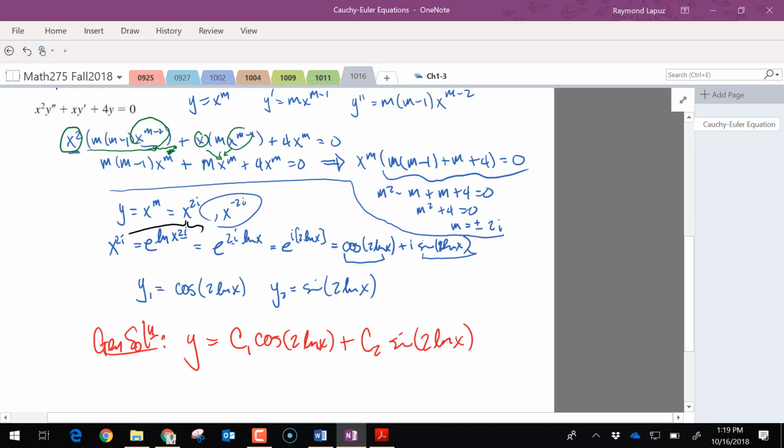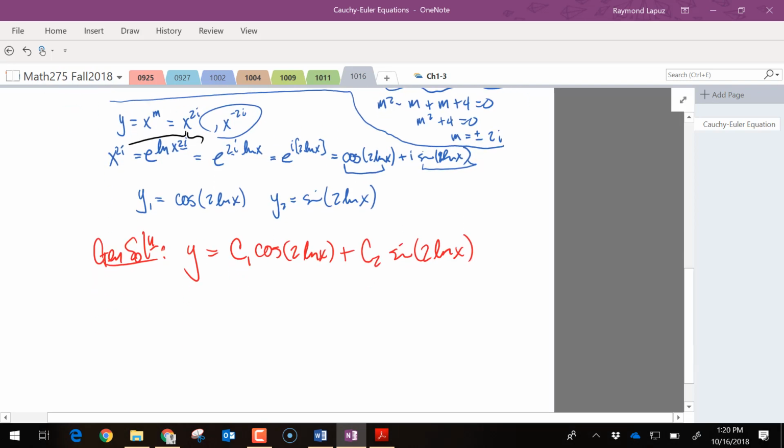What if it has like a plus? Oh, then you would work that out in here too, and then you'll have an extra e to the something on the outside. So again, this is probably a deeper example than we should have done, but this is the one I accidentally picked out.